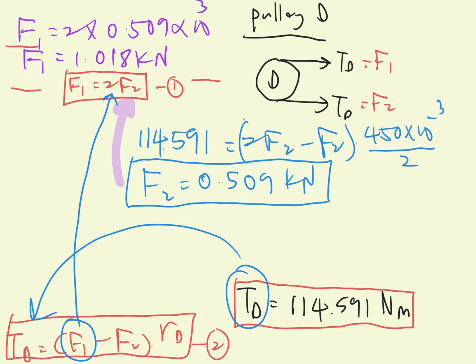So basically we have managed to find the tight side, this one, and then the value F2, the slack side.